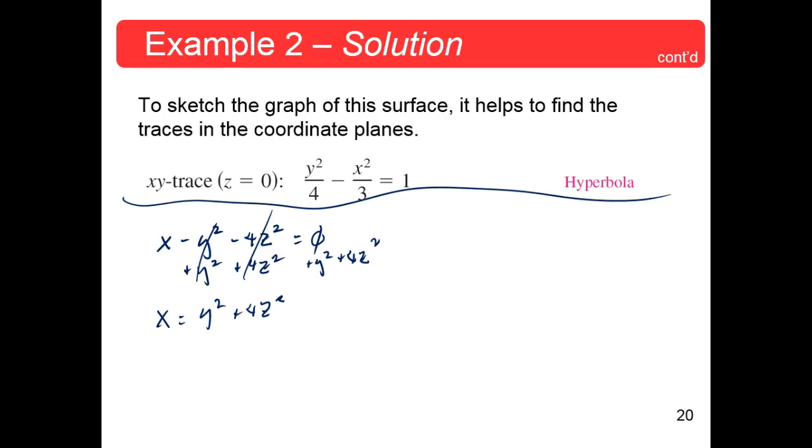Parabola also. So this will be an elliptic paraboloid. Ellipse in one dimension and parabola in the other two. So it's an elliptic paraboloid. Okay? So there's the first.